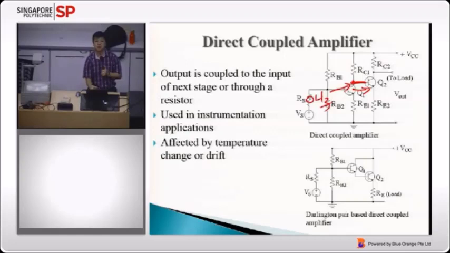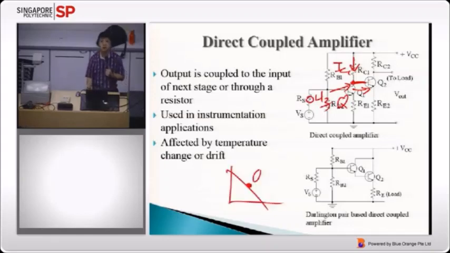But we also know that if we allow this current to come in, this is IC1, and we allow a path for IC1 to split, the Q point of stage 1 and the Q point of stage 2 will also be affected. We want the Q to be in the center. Remember this load line?